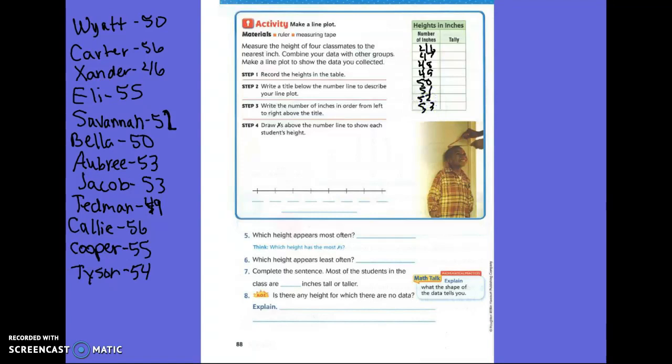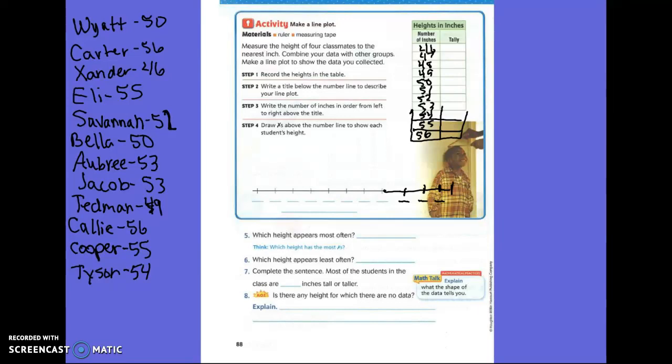You're going to have to add to this because we have 56 as our tallest. So make some boxes down. 54, 55, 56. I knew that we needed to add more to our table and add more to our number line, so we went ahead and did that.